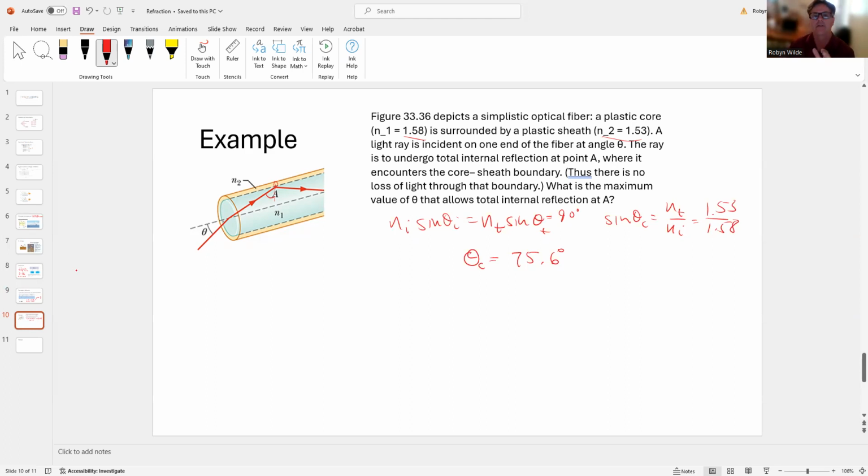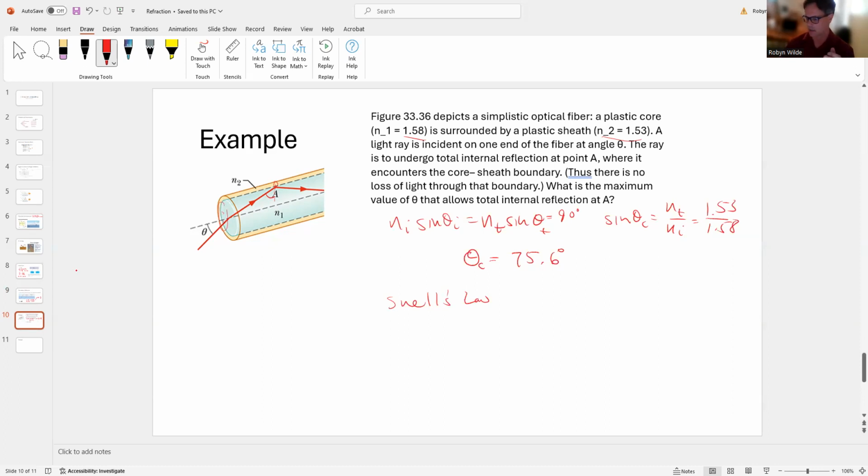Now, if I increase my theta here, eventually it's going to bend in and exceed that critical angle, and I won't get total internal reflection. The way I can get the maximum theta is to again use Snell's law for this interface.